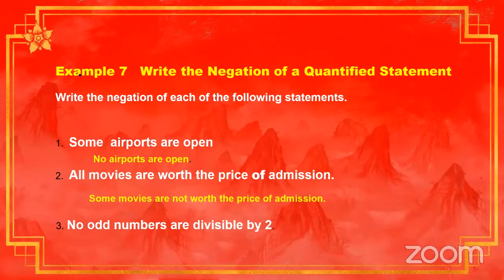And lastly, number three, what will be the answer? No odd numbers are divisible by 2. Take note, it's a universal quantifier, no. No ang ginamit dito. So what will be the negation?